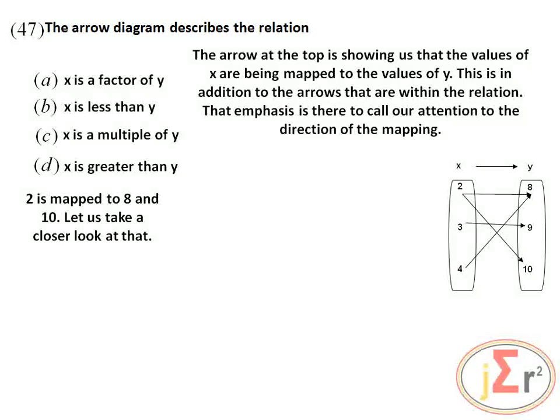2 is mapped to 8 and 10. Let us take a closer look at that. So we have 2 maps to 10 and 2 maps to 8. Also, we have 3 is mapped to 9, as we have it right there.